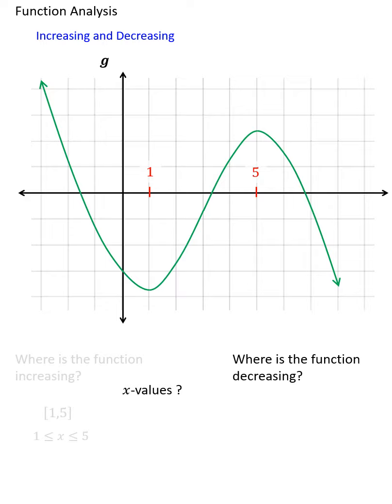Let's switch over to the question, where is the function decreasing? Again, we're going to want x values in our answer to this question. We'll look up at the graph on the left side. You can see in the beginning of this graph, as we read left to right, part of it has a decreasing aspect to it.